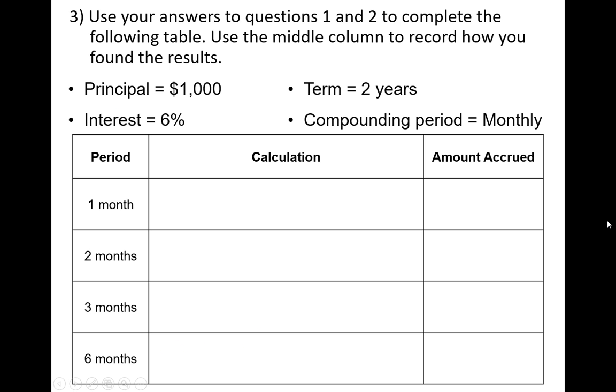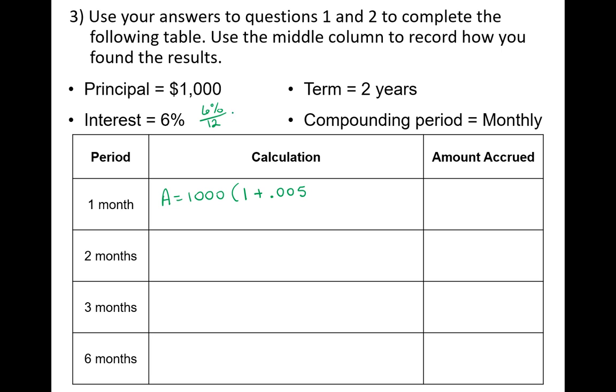It says use your answers to questions 1 and 2 to complete the following table. Use the middle column to record how you found the results. So we know that we start with $1,000 and our interest is 0.005 because that's 6% divided by 12.